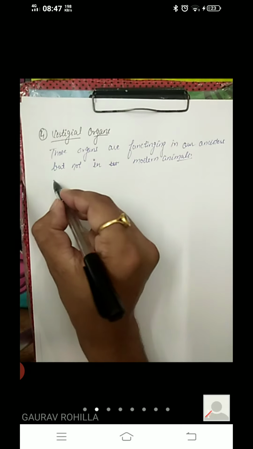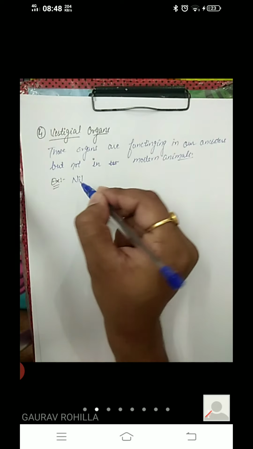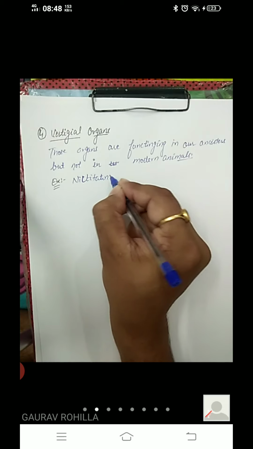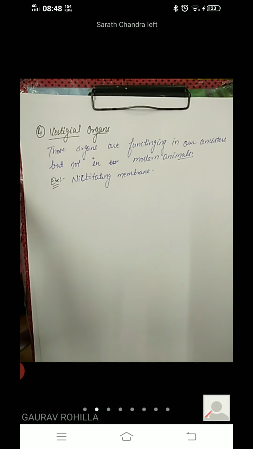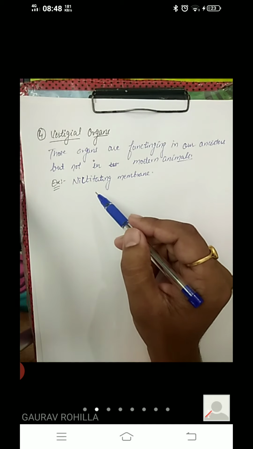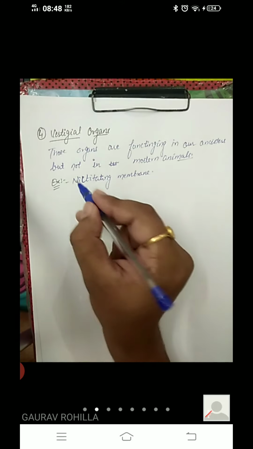In humans, there are approximately 100 vestigial organs. Some of them are the nictitating membrane, an eyelid present in birds and fishes. It's a permeable membrane which prevents dust particles from entering the eye, but it is functionless in humans.